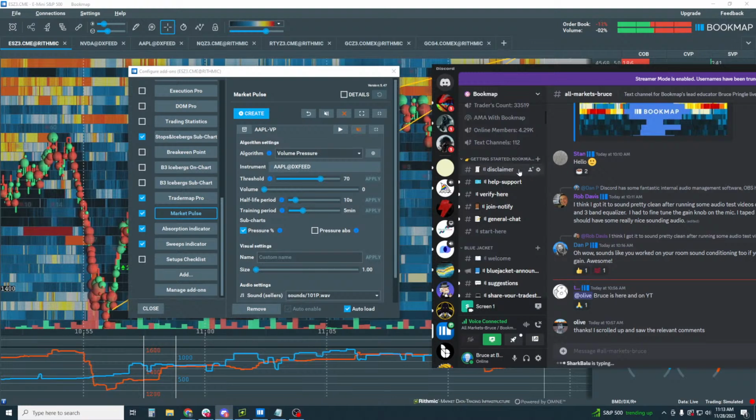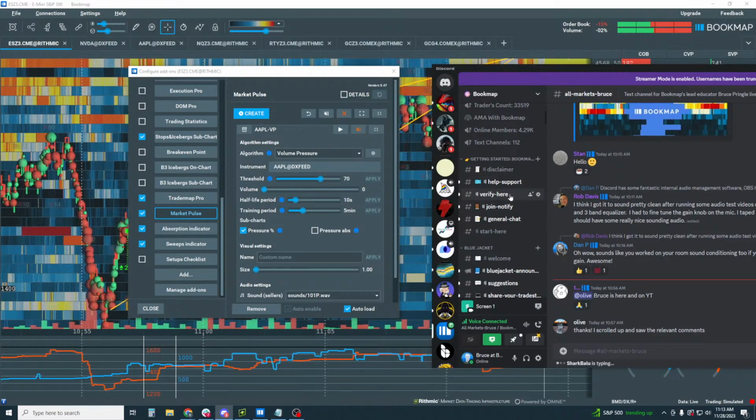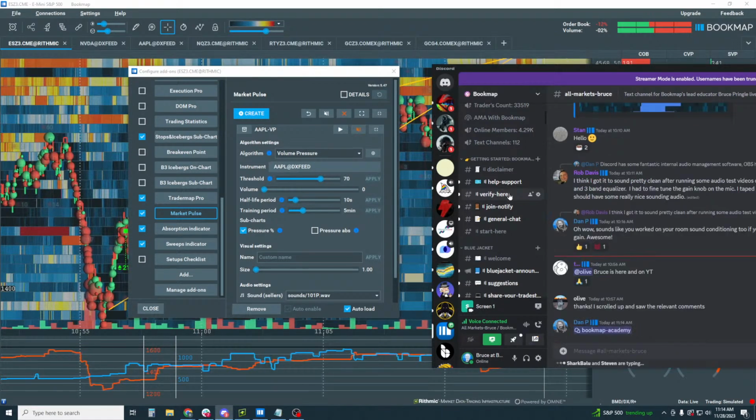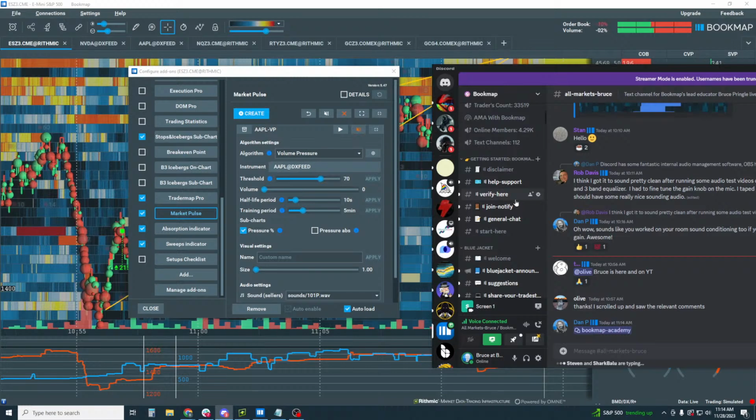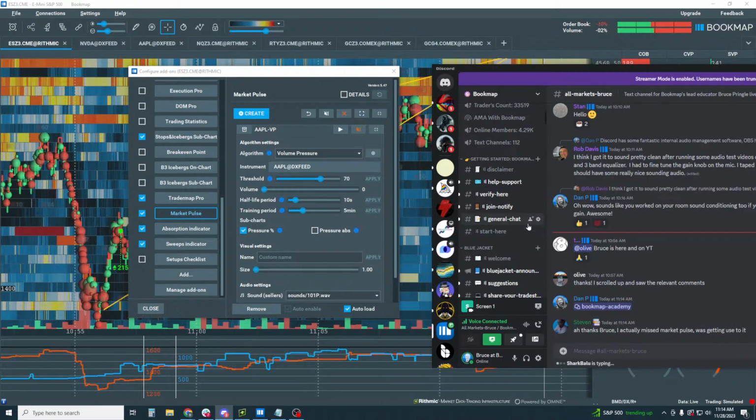Now, guys, if you want to download this and get free access to Market Pulse, you got to be in the Bookmap Academy for it. That's just how it is right now. You get access to these tools before others do. So you can play around with it and try to develop an edge for it here.